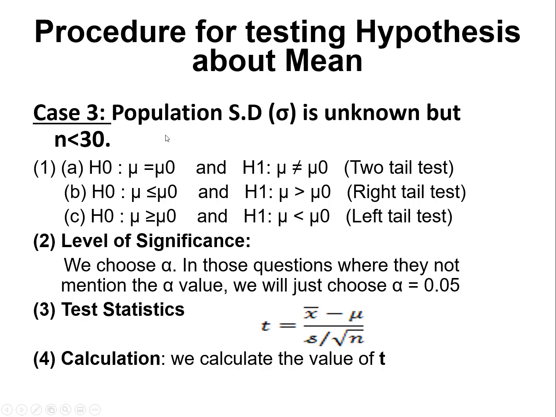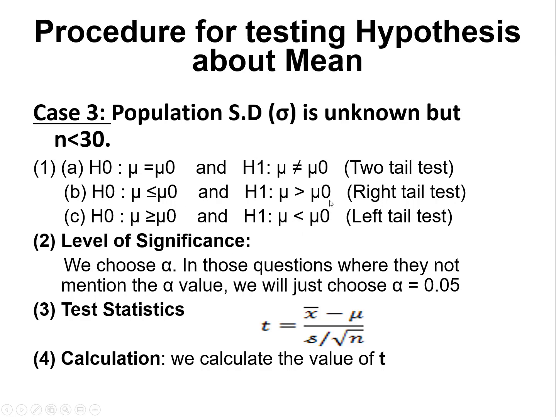You use it when the population standard deviation is unknown, just like in the previous case, where we calculate the standard deviation from the sample, but you also need to look at the sample size. If the sample size is less than 30, then definitely we will use the t distribution or t statistic.